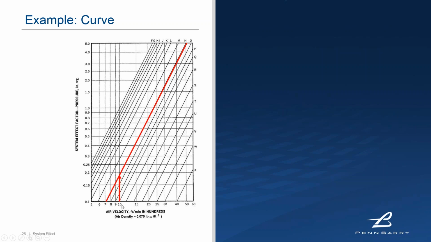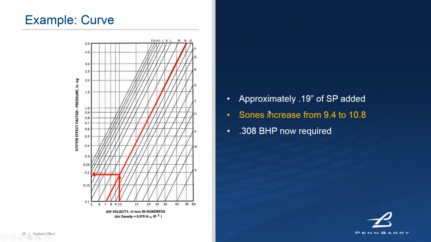We're going to move, and if I were to back up a couple of steps, you would see that the velocity was something like 1,017 feet per minute. So we move up from the x-axis onto this line, and where it intersects n, we're going to move over to the left side of the y-axis and say we have between 0.18 and 0.19 inches of static pressure that we're going to add.